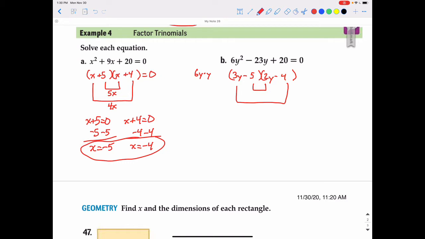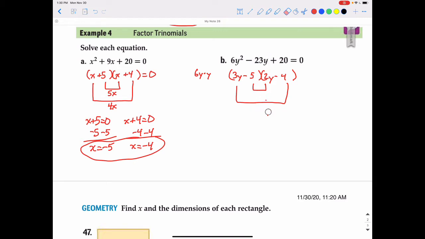So the inside terms would be negative 5 times 2y, which is negative 10y. The outside terms would be 3y times negative 4, which would be negative 22y, or excuse me, negative 12y. Oh, so close. We get negative 22y, but we need negative 23y. So those two numbers aren't going to work in their current position.